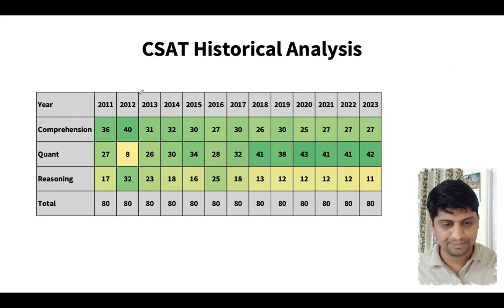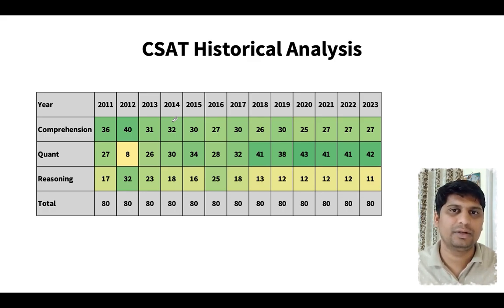Now this is the historical analysis of CSAT. As most of you must be aware, in CSAT there are three major parts. One is comprehension, where you get questions based on some paragraph, English or Hindi, and based on that they'll ask what has been said in the paragraph, if it's true or false or something like that.